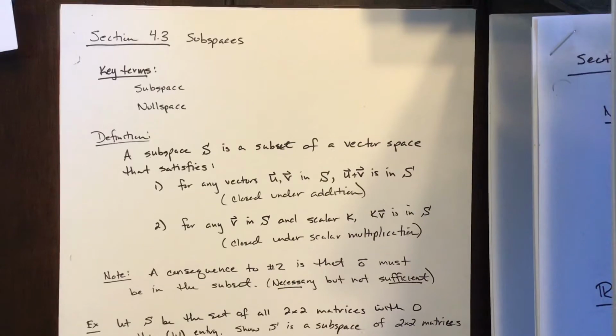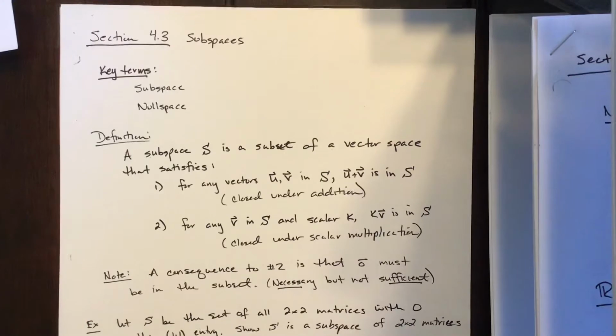Now, as a note to item number 2, the consequence of that, if v is in the subset then k times v is in the subset, requires that 0 must also be in the subset, because 0 is a scalar, so 0 times a vector is going to be the 0 vector.